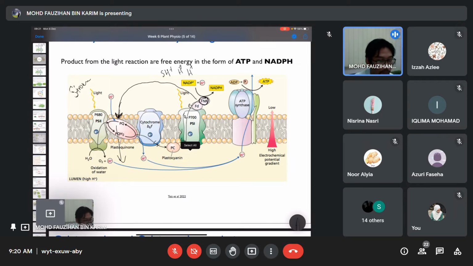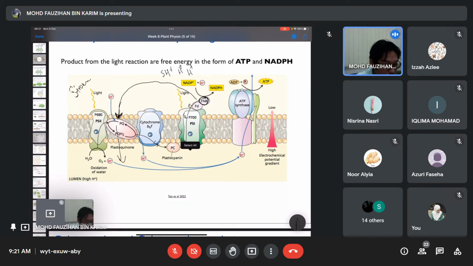Plastoquinone will reduce the cytochrome b6f, so the journey of the electron continues, and at the same time the hydrogen will be pumped in from the stroma to the lumen.